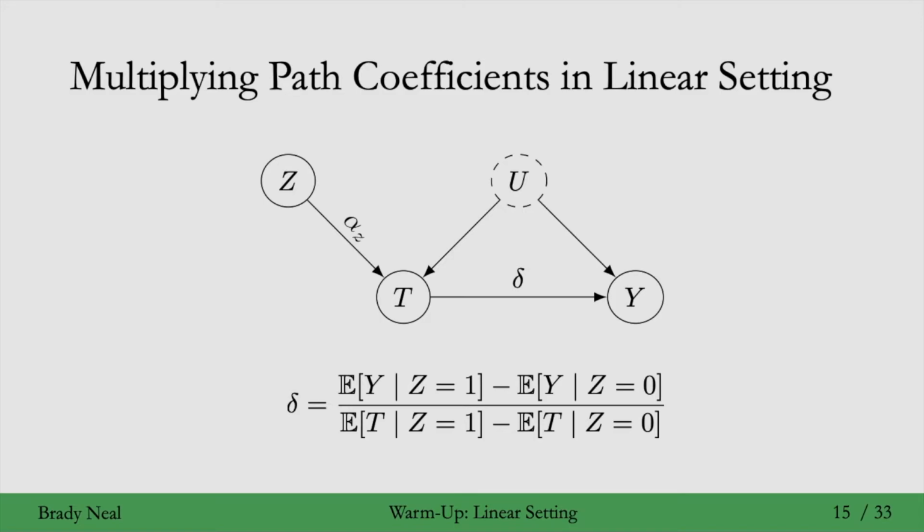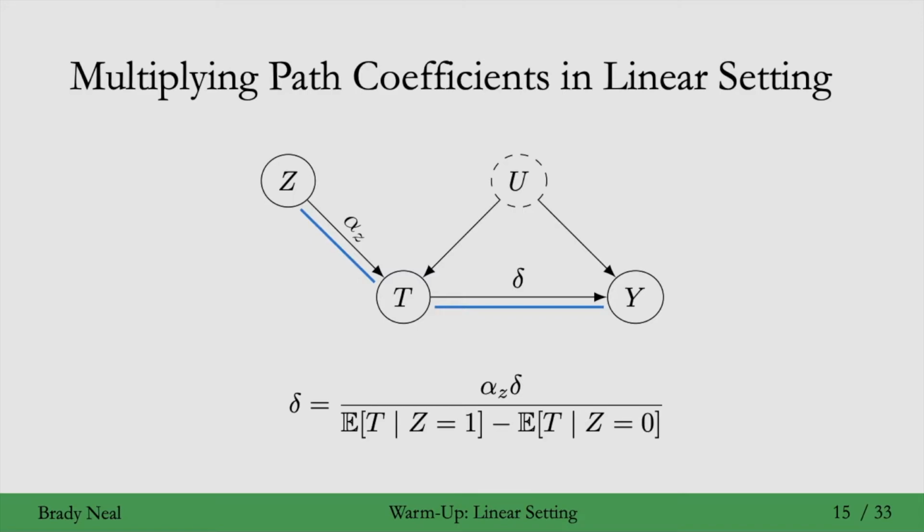Okay, so we're going to multiply some coefficients along these paths and show how that gives us intuition for instrumental variables. So the first is to look at the numerator of this identifying equation for delta here. In the numerator, we have the causal effect of z on y. So we can see that graphically as this z to t to y path. To get that, we multiply the alpha sub z coefficient times delta, and we just put that in for the numerator.